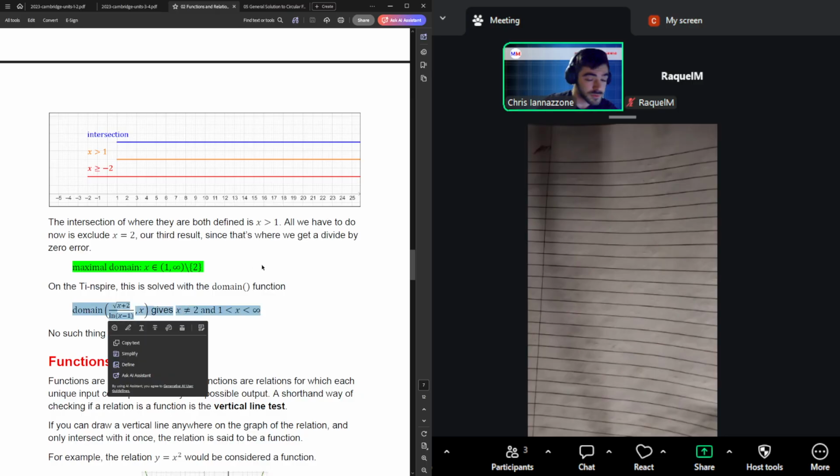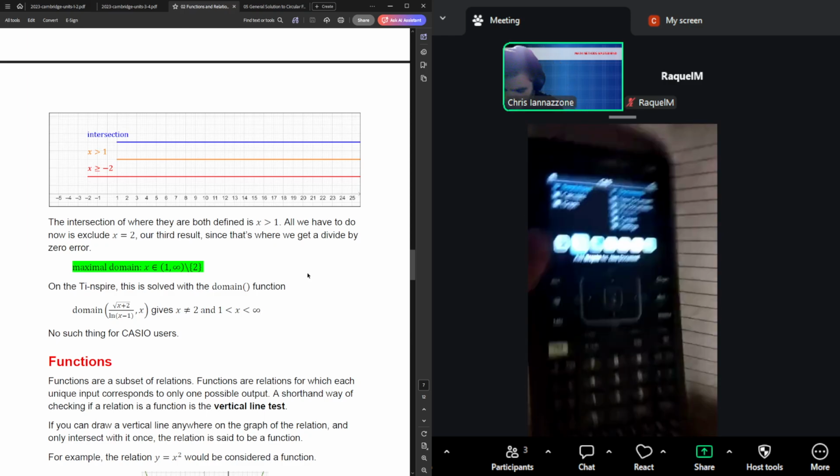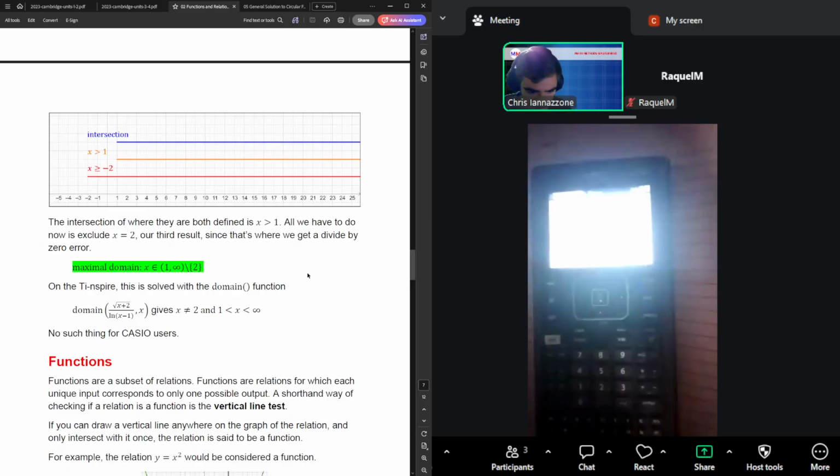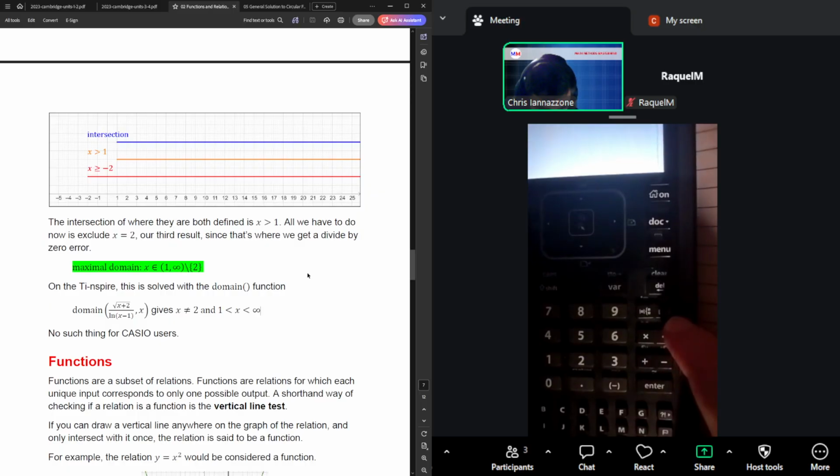There's actually a CAS function for this as well, for the TI-Nspire. If you literally type out domain and put the function in, comma x, you will get exactly that written word for word. You can't really navigate to it via the menus as such. You can kind of. It's in the book button. So it's that book button there.